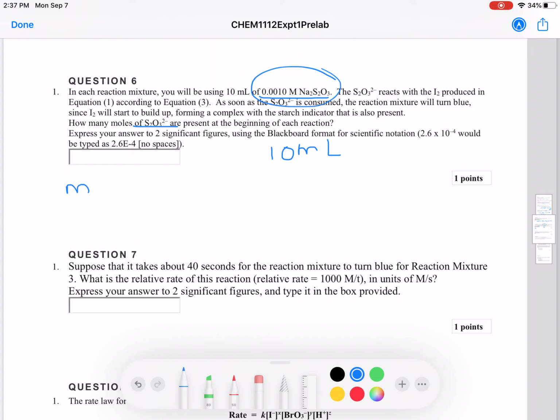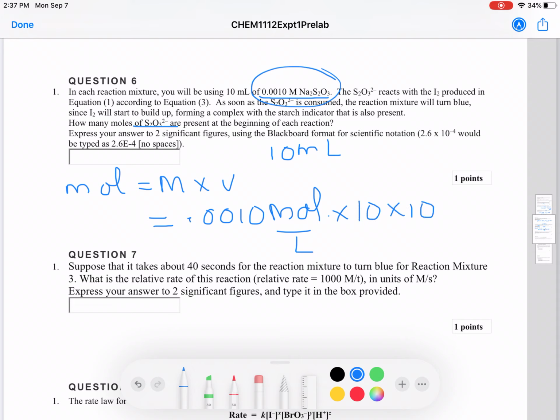You can find it by molarity times volume. The molarity is 0.0010 moles per liter, and you use 10 milliliters, which you need to convert to liters. So do this calculation and write down the number.